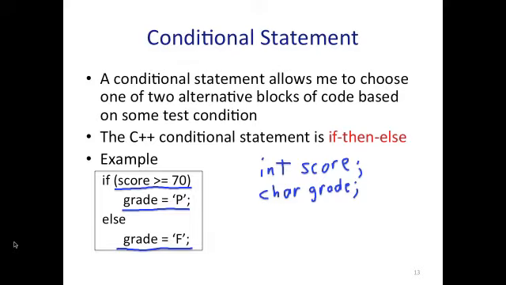So for example, if score was 85, then the statement score greater than or equal to 70 is true, and we assign P to grade. But if score was 55, then that statement is false, and we would execute the else branch. So basically, if something is true, execute what's after the if. If it's false, execute the statement after the else.